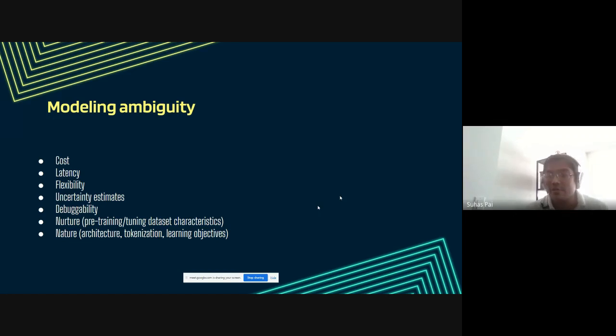So when I look at a language model, there are a few things that I would like to see. I would like to see the token probabilities. But if you use GPT-4, you don't get that. If you use ChatGPT, GPT-3.5, you get the logprobs, but you get only the logprobs of the top 5 tokens. So it's very hard to debug.